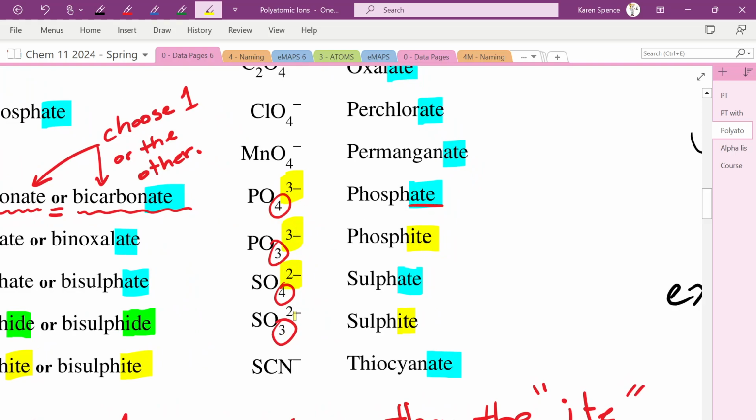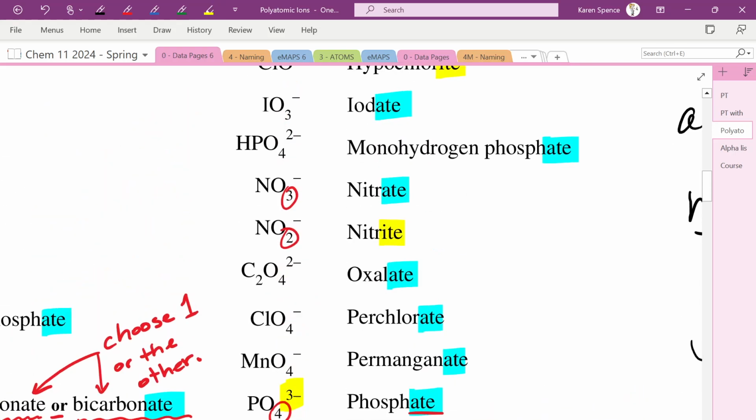The charges of sulfate and sulfite are the same. The charges of nitrate and nitrite are the same. Some of you this year are definitely going to start knowing a lot of these ions by heart just because you've used them for 2 years already, right? And you're using them again this year. So if you start picking up on those little patterns, it'll help you just know things and then you don't have to look things up as much, okay?